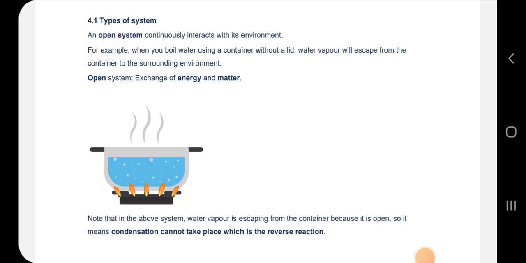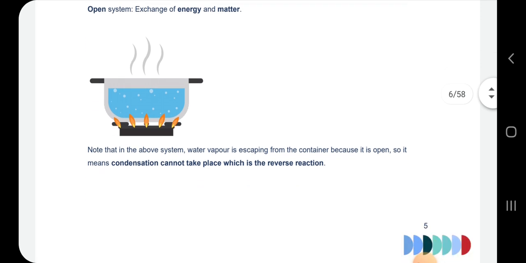For example, when you are boiling a pot using a container with a lid, water vapor will escape from the container to the surrounding environment. So an open system exchanges energy and matter, right? Take note that in this system, water vapor is escaping from the container because it is open. So it means condensation cannot take place, which is the reverse reaction.